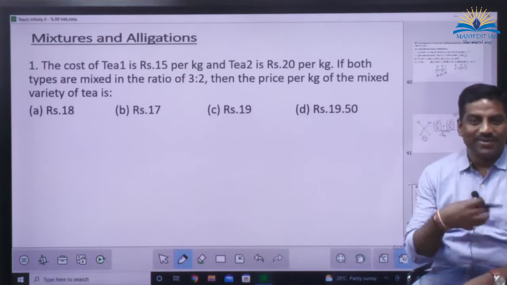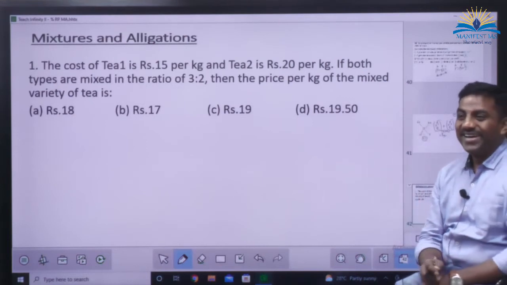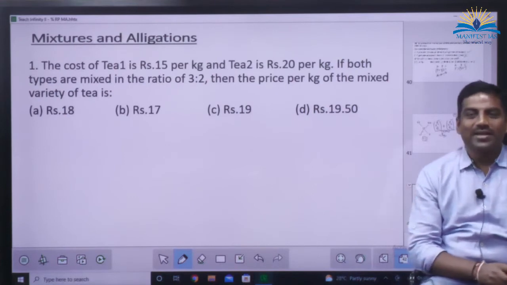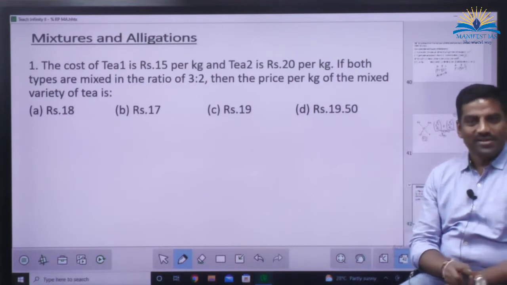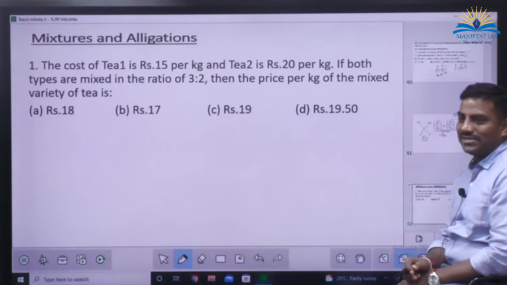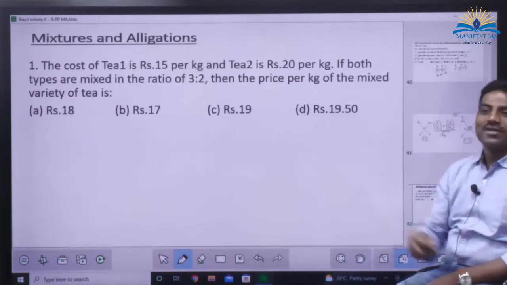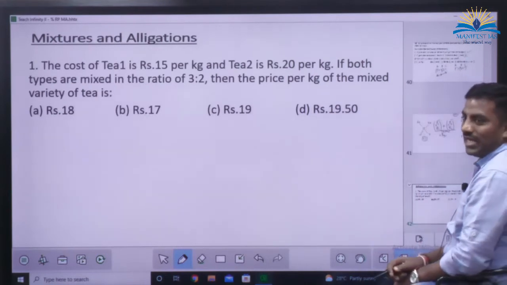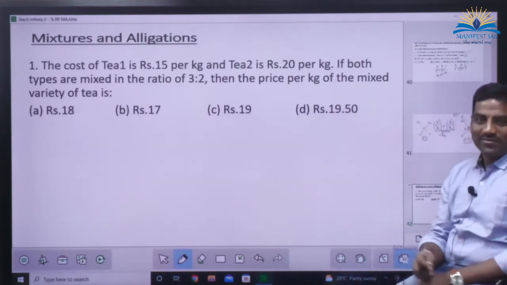Tomorrow in manifest I will sell only tea. Yeah, around 300 to 400 rupees a kg. This question might be 50, 60 years old. And that too, in Assam, this question might have been formed.